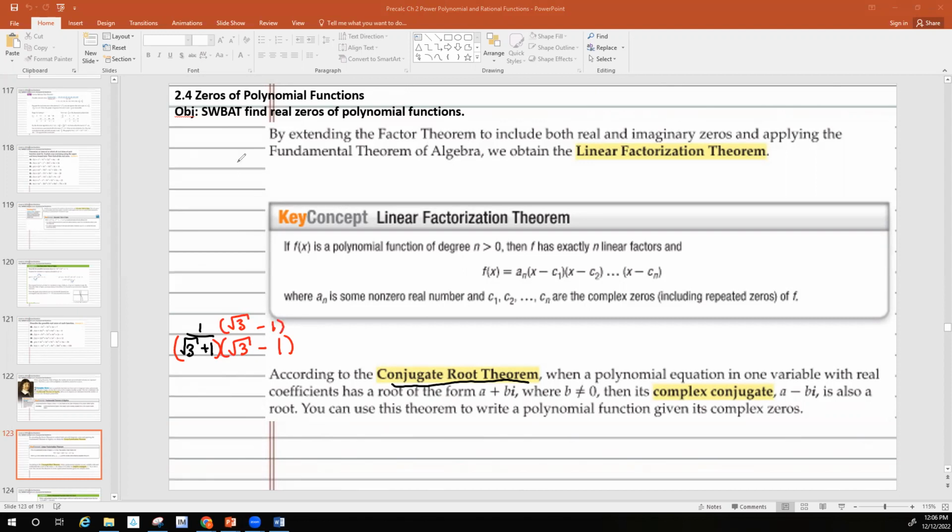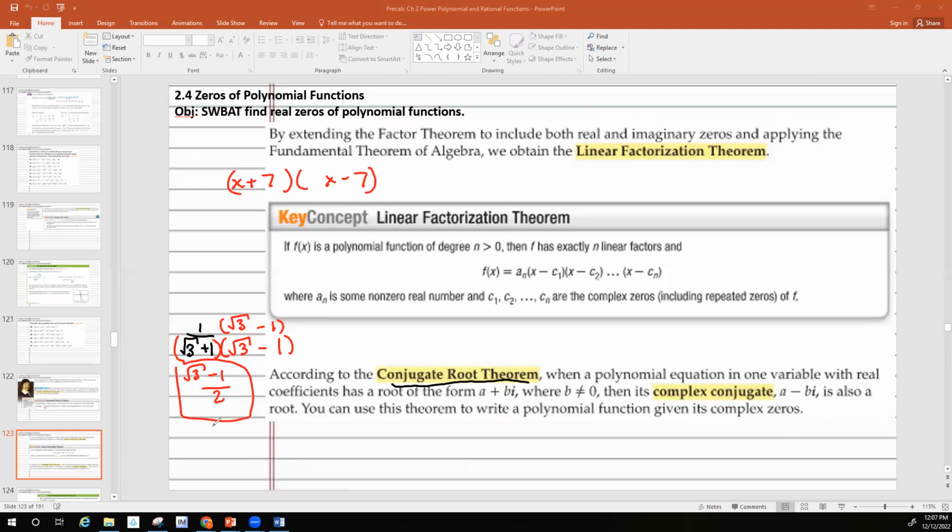Conjugates are the same two numbers with a different sign, just like x plus 7 and x minus 7. And there you end up with square root of 3 minus 1 over 2, if you're wondering.